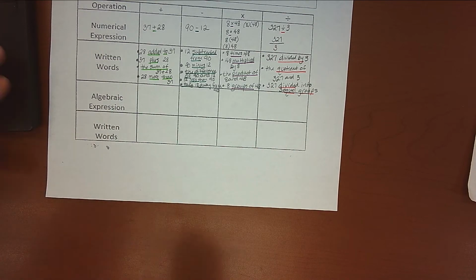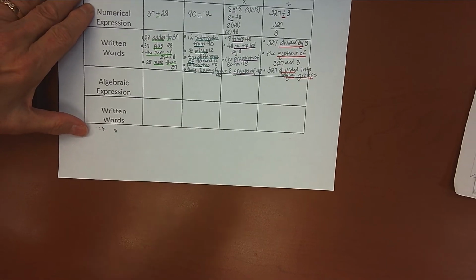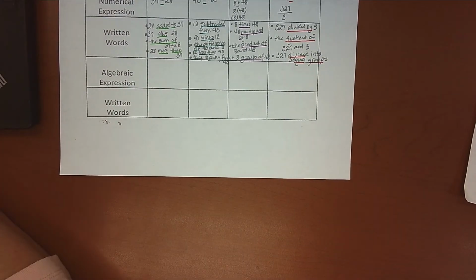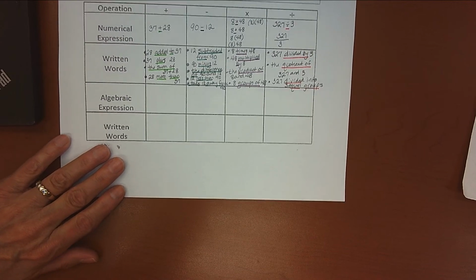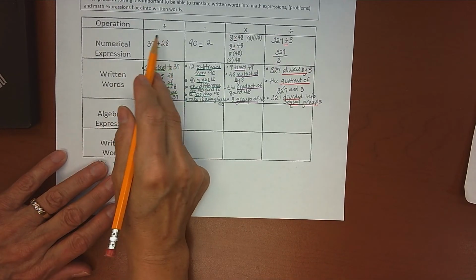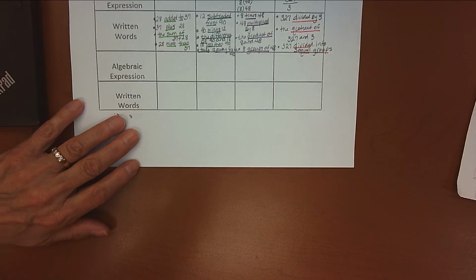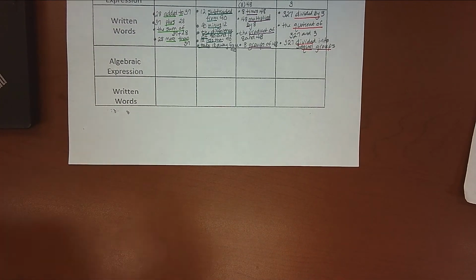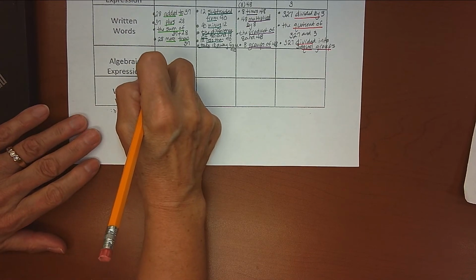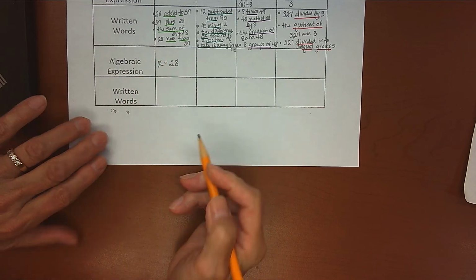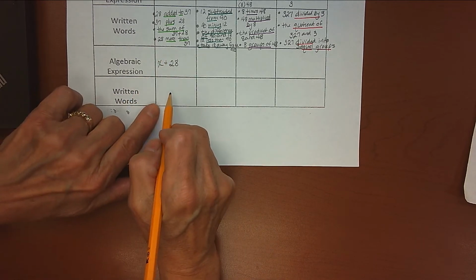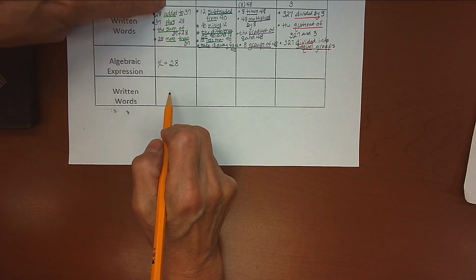All right, now we're going to move into our algebra here. And algebraic expressions are similar to numeric expressions, except they use variables. So instead of numbers, one of the numbers may be replaced with a variable or a letter. A variable is just a letter that stands in for a number. And so we could have the algebraic expression x plus 28. And then we could take this x plus 28 and write it in words by adding any of these phrases up here.